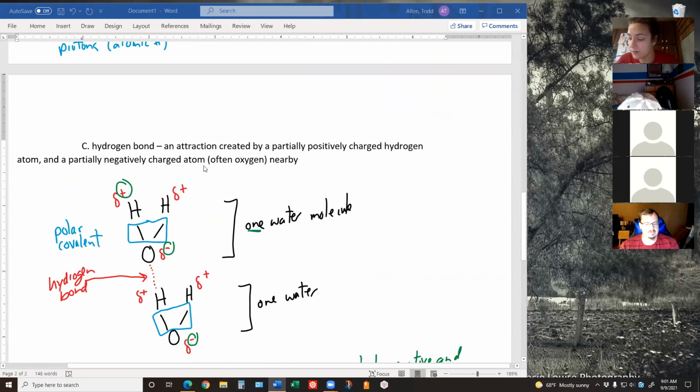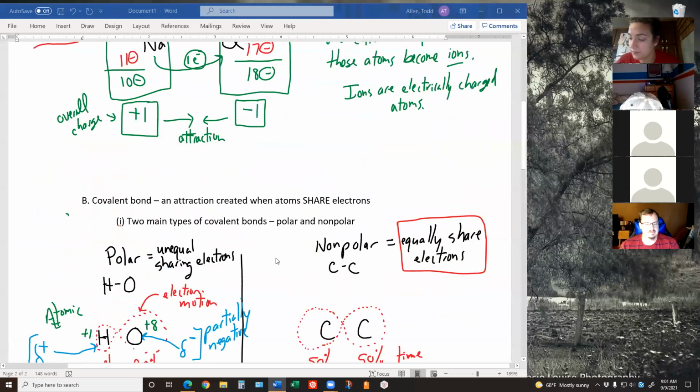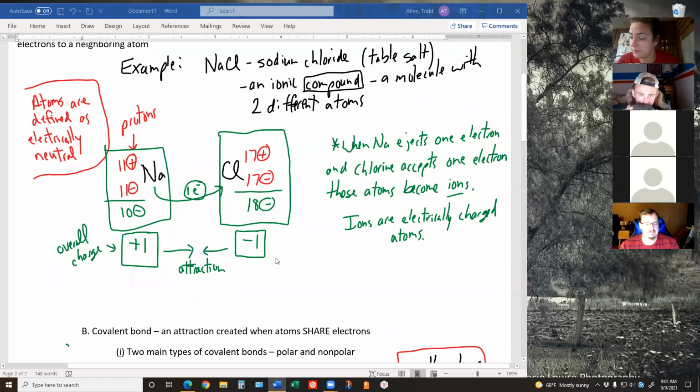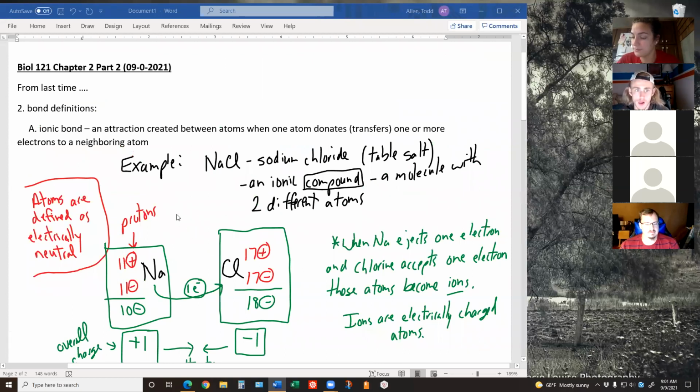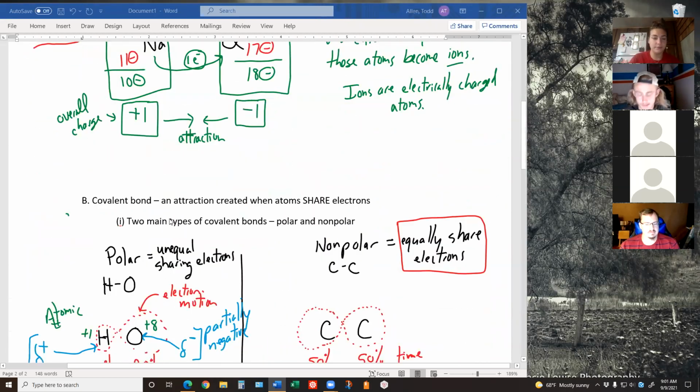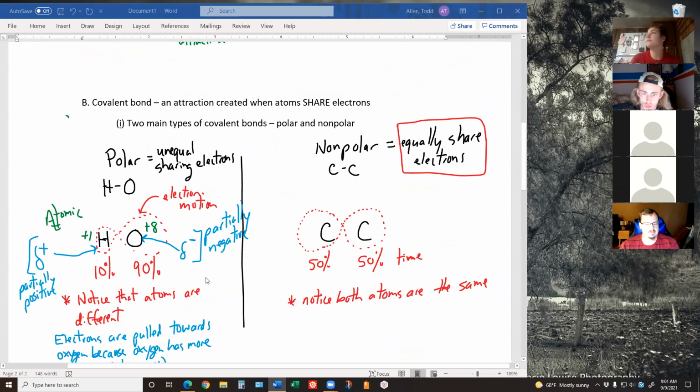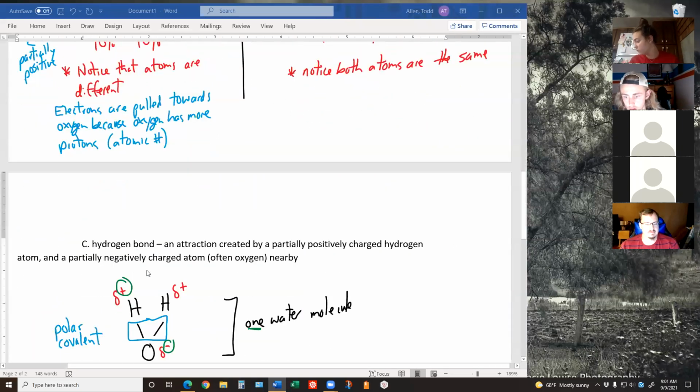Folks, whether you realize it or not, there's a reason that I stage my lectures and present the information in the order and sequence I do. I started with ionic bonds, I moved to covalent bonds, and I emphasized the polar covalent bonds with hydrogen and oxygen. By doing that, I hope to give you a foundation to understand the hydrogen bond.